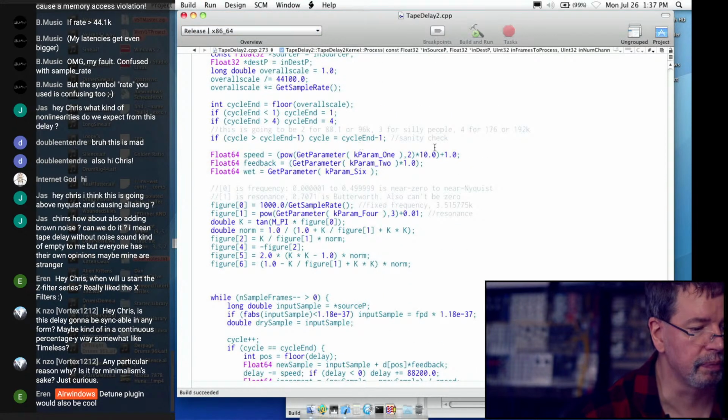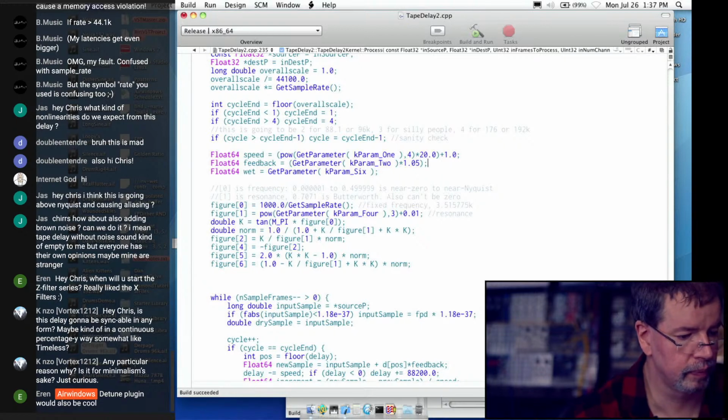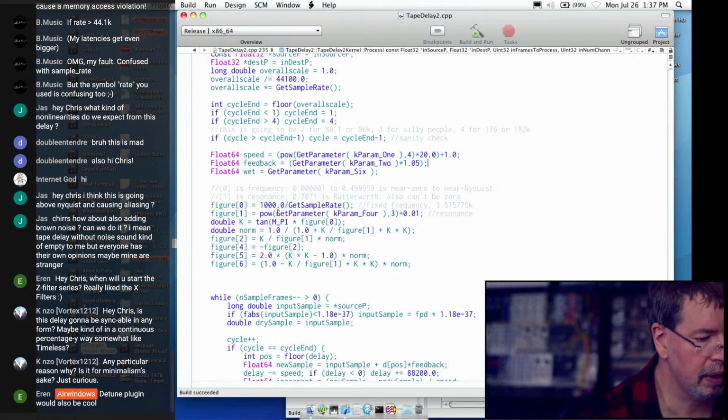What else can I do? I can make it go up faster, and I can have a lot more range. And we can have slightly too much feedback. And we can put in the pitch control that I'm not hearing yet.